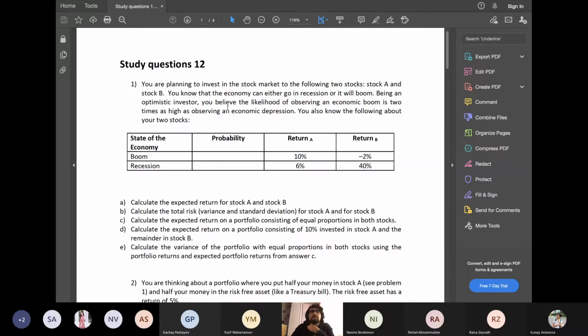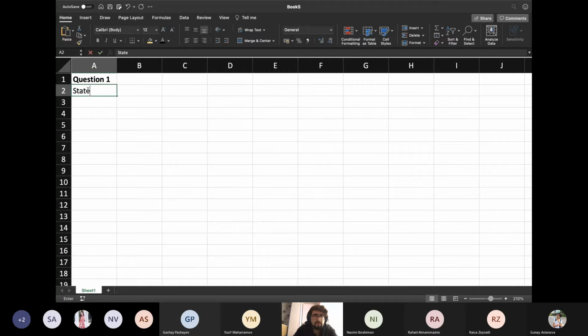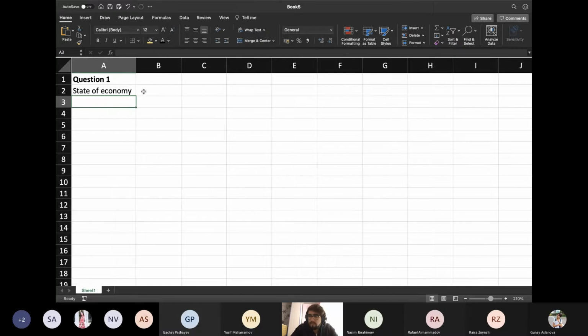Being an optimistic investor, you believe the likelihood of observing an economic boom is 2 times as high as observing an economic depression. You also know the following about your stocks. Let's write what's given to us. State of economy: boom and recession.